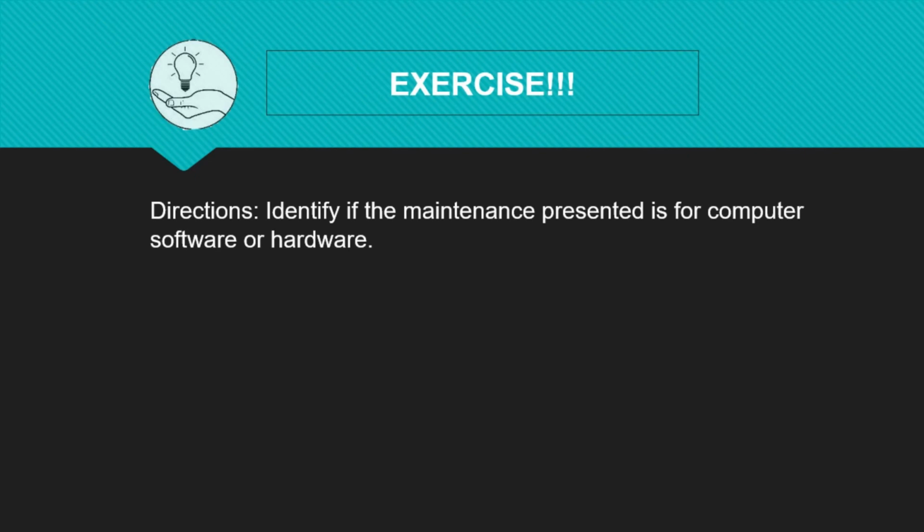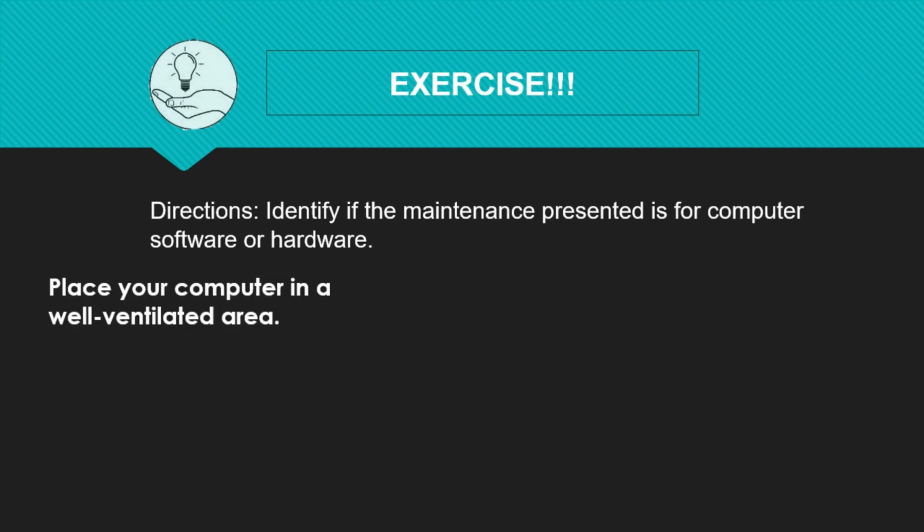I will be presenting a maintenance plan, and you tell me if it is software or hardware. You can also write it on any piece of paper. Ready? Let us start. Place your computer in a well-ventilated area. Software or hardware?